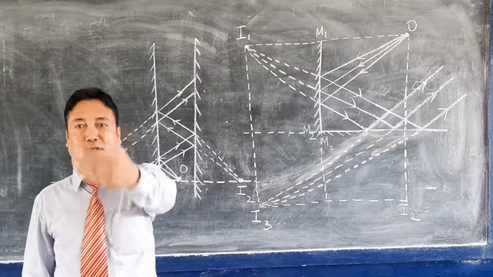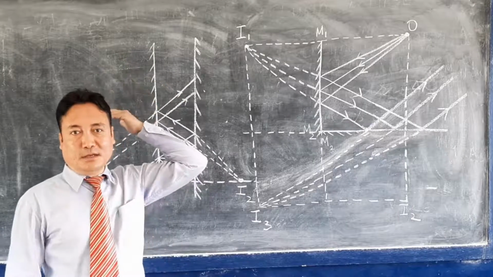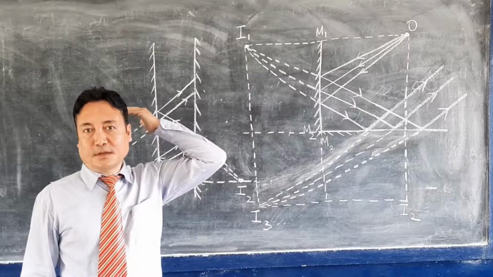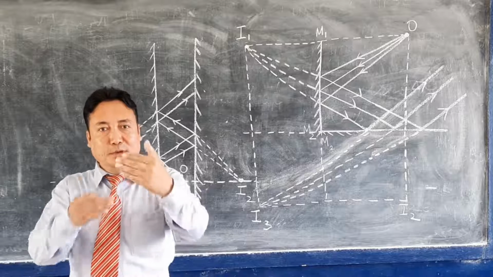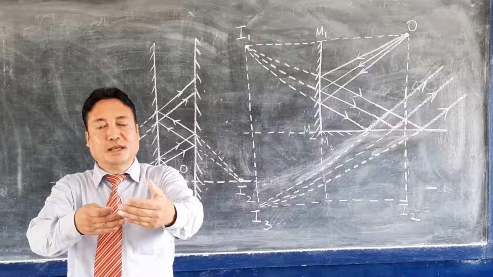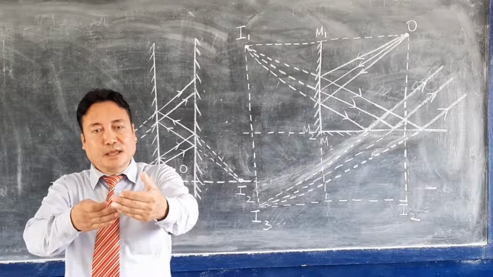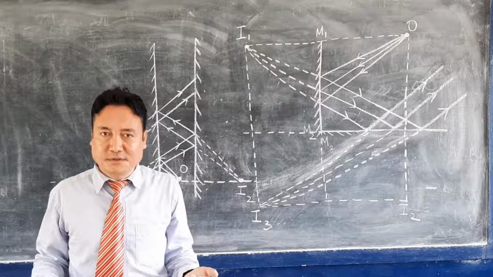Suppose one mirror is on one side of the wall, another mirror is behind. So you will be in front, between the two mirrors. When you remain between the two mirrors, which are kept inclined, you will see a number of images of yourself.